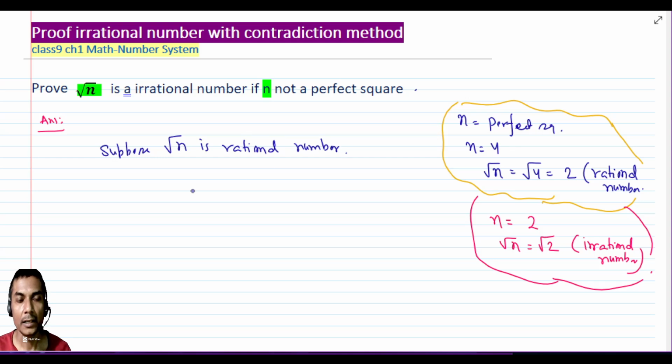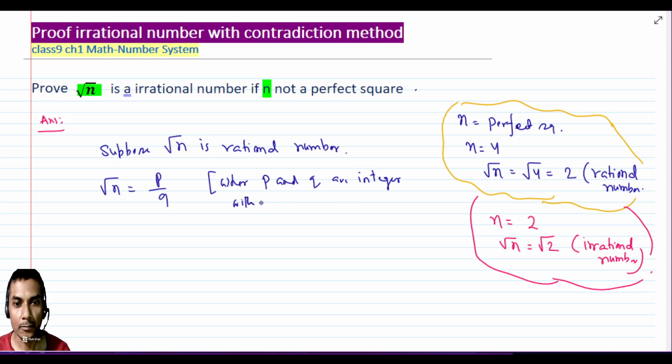So we know that if it is a rational number, we can represent it in p by q form, where p and q are integers with no common factor, because they are co-prime numbers.